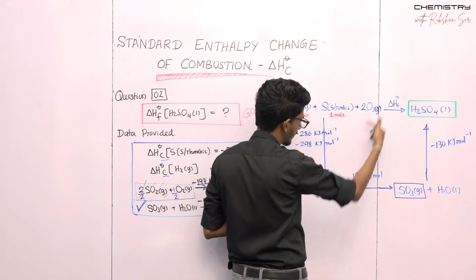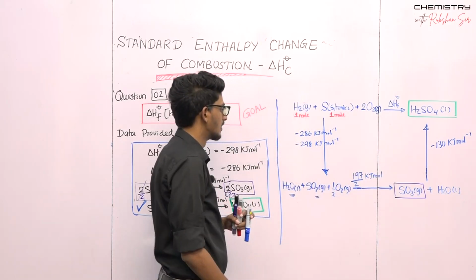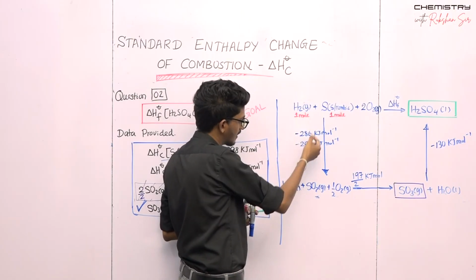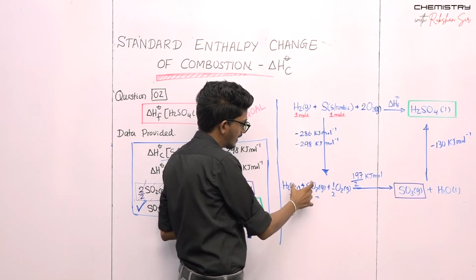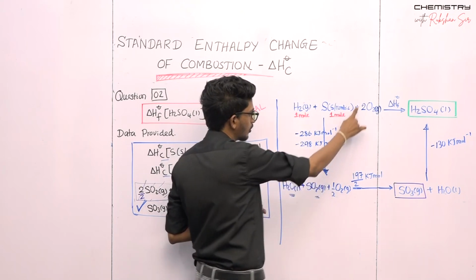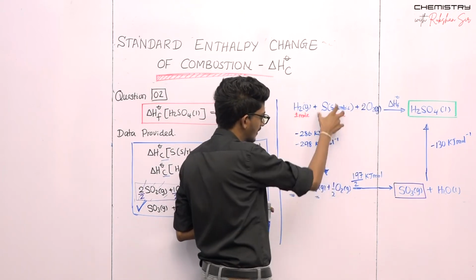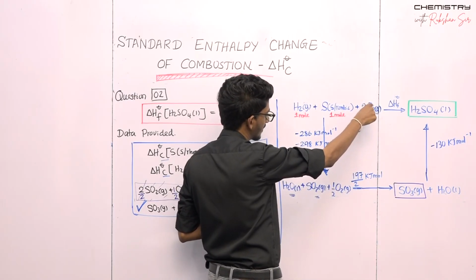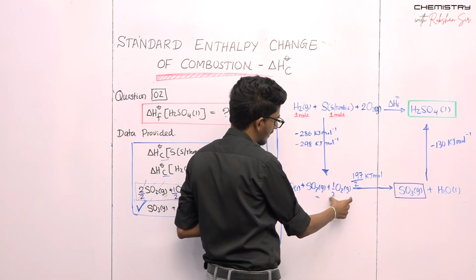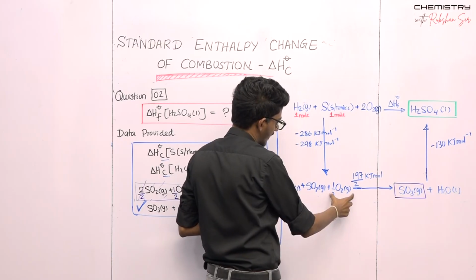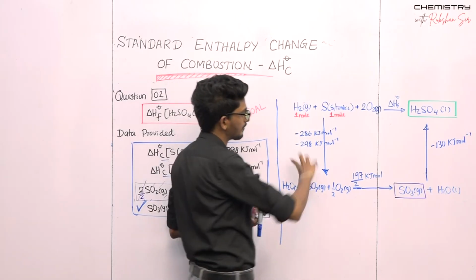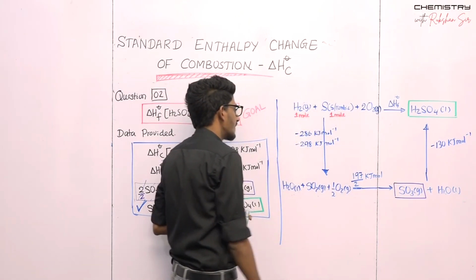The other unreacted oxygens will appear here to form one H2O molecule and one SO2 molecule. 3 of the oxygens will be used. Altogether here you have 4 oxygens. 3 are used to form the oxides. The other half, the half of O2, will appear unreacted. So this is your thermochemical cycle.